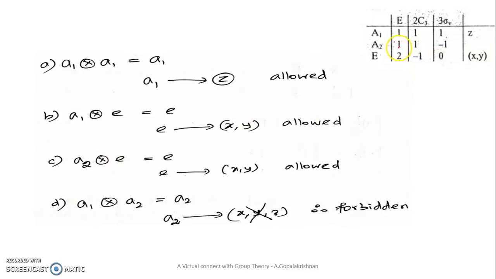If I multiply these two, 1 into 2 is 2, 1 into minus 1 is minus 1, minus 1 into 0 is 0. So again the characters are 2 minus 1 0, which corresponds to E. So A2 into E also gives you E. So now see along E in the third column we have X as well as Y. Therefore this transition is also allowed.